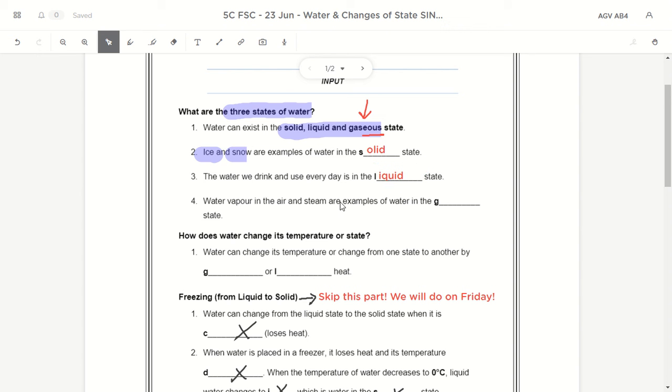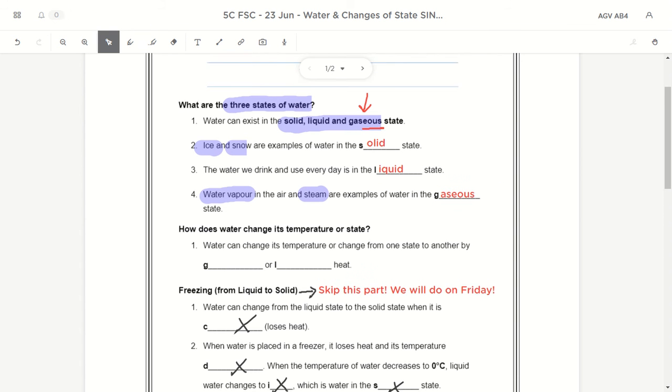You can shake the bottle, you realize the water takes a different shape every time. And then water vapor or steam are examples of water in the gaseous state. That means they are in the gas state. So water can exist in 3 states: solid, liquid, and gas, and you know examples of each of them. Let's go to the next part.